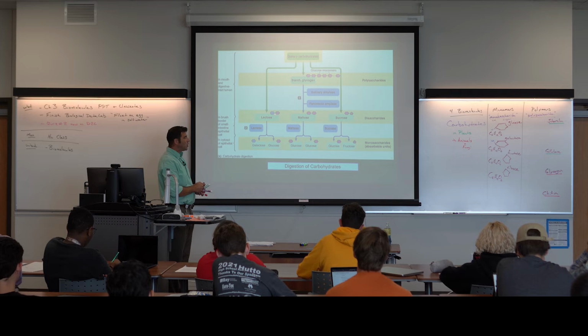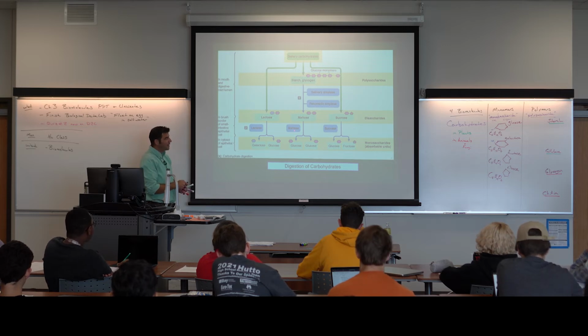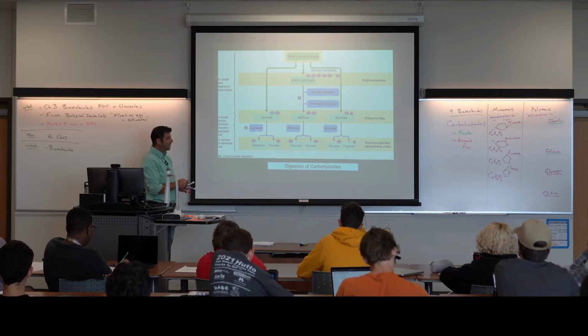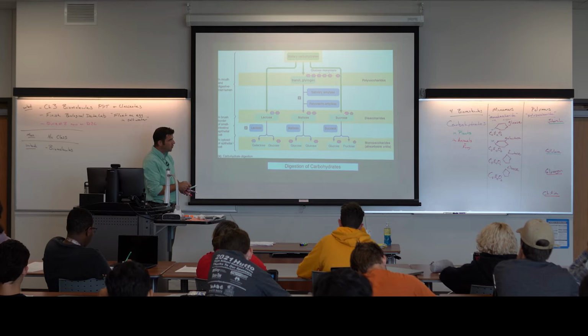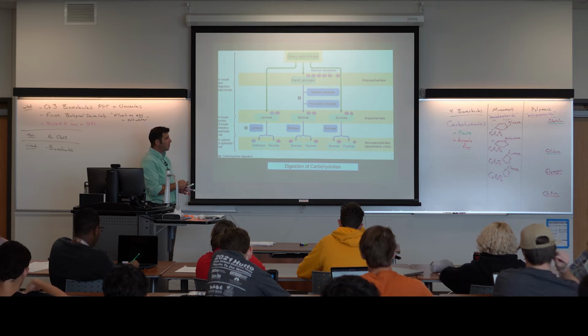Notice that each of those disaccharides has its own unique enzyme that breaks it down. And the enzyme always ends in an ase. So lactase is specific to breaking down lactose. This chemical shape is different than maltose or sucrose, so the enzyme that breaks down lactose isn't going to fit either of those other 2 molecules.